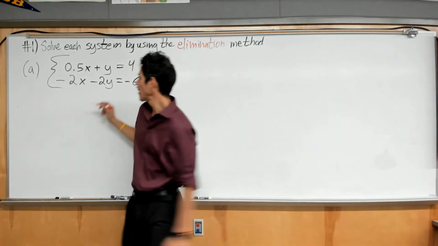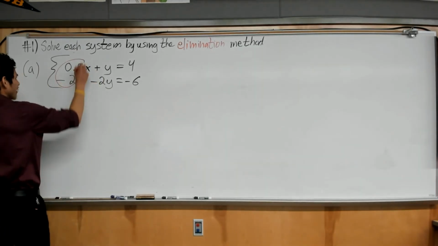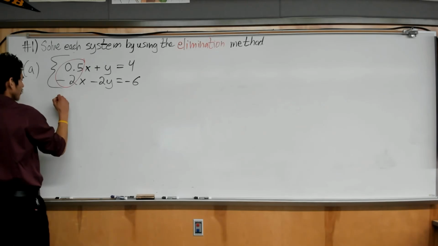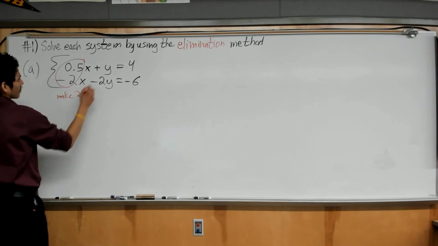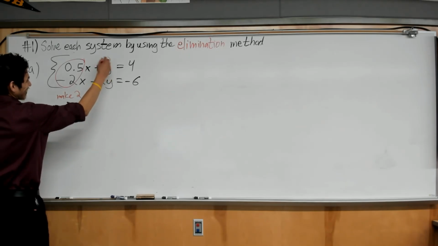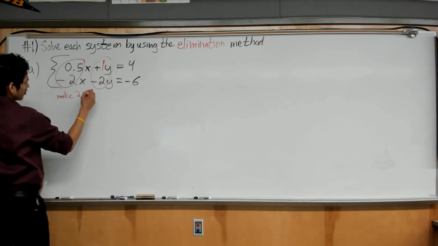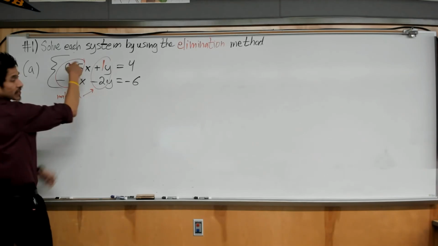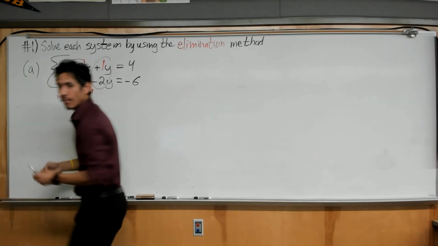So let's think. You want to make both of these 2. Or this is like a 1y. But yeah, both of them can be 2s. But let's make this one so we deal with that decimal.